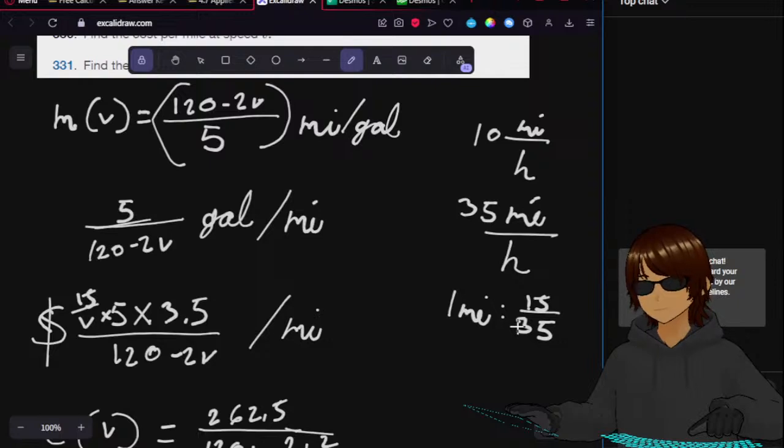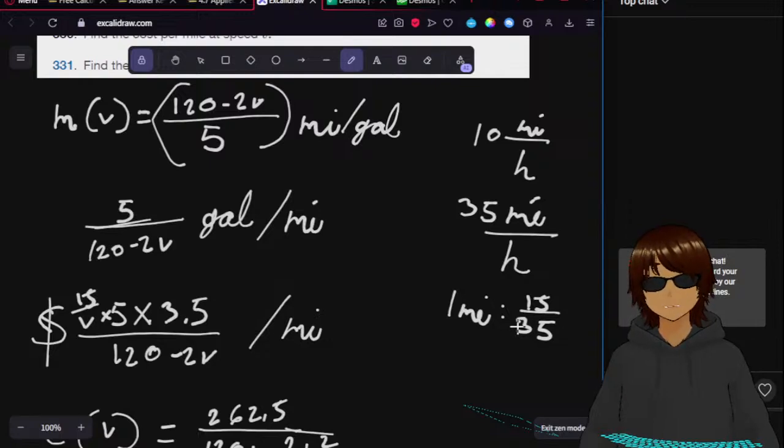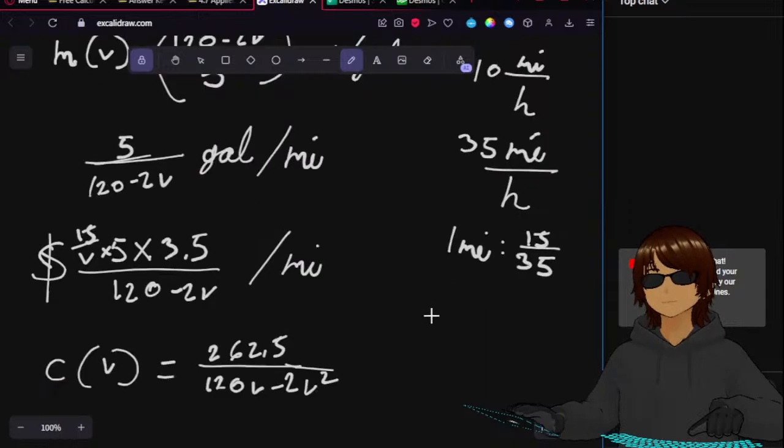Just 3 over 7. Hold on. Yeah, for 1 mile, the chauffeur cost 15 over 35. So for 35 miles, the chauffeur cost 15, which would make sense.